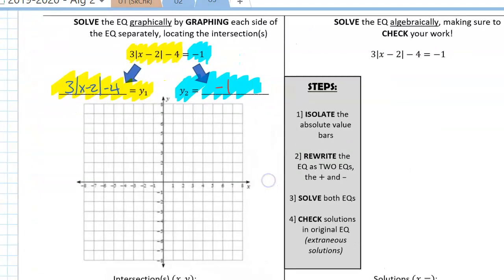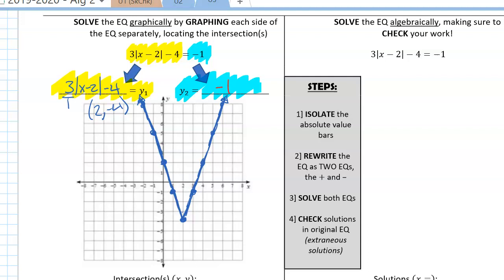So let's start off by graphing our absolute value. We're going to start at the vertex (h, k), which is going to be (2, -4). From there we use our slope idea of up 3 and over 1, in both directions: up 3 and over 1, up 3 and back 1.